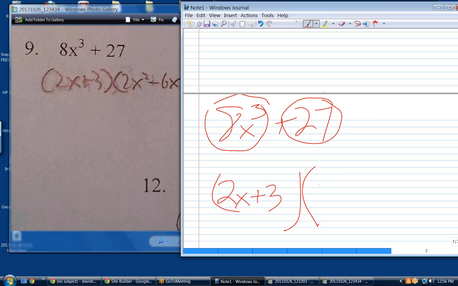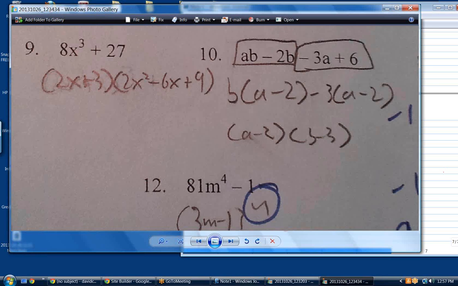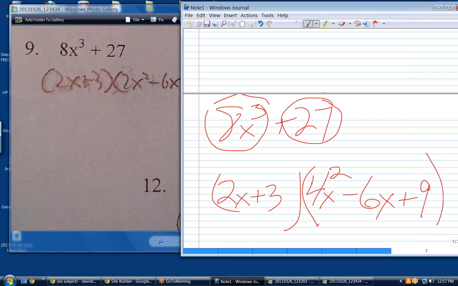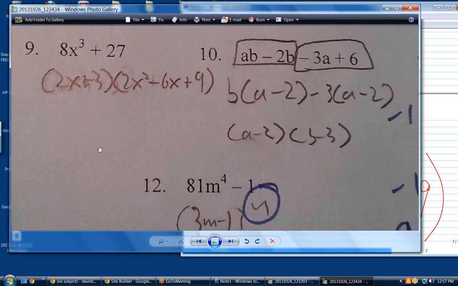No, not squared, squared 2x. 4x squared. There you go. Minus a times b, which is what? 6x. Okay. Plus 9. So the only reason you missed that was you got the first term wrong. In other words, a is 2x. So a squared is 4x squared.